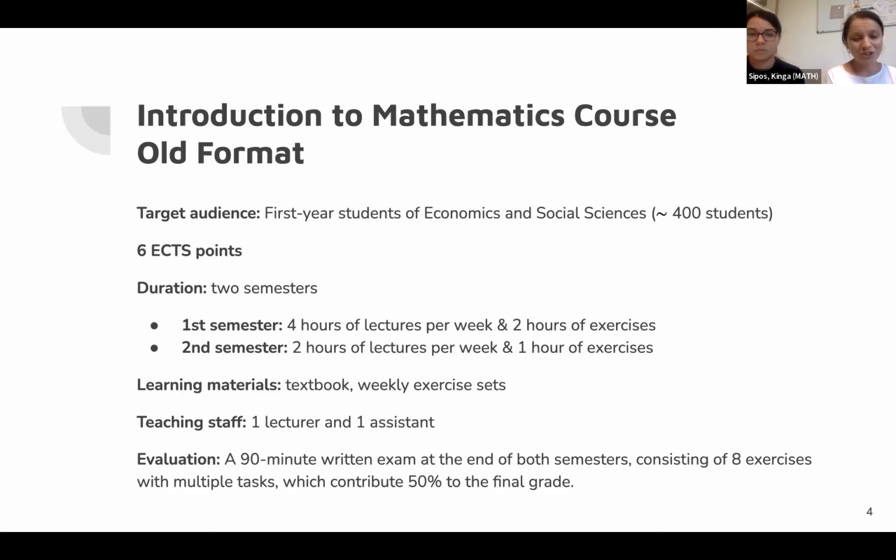The teaching staff is composed of just 1 lecturer and 1 assistant. The evaluation is a classical 90-minute written exam at the end of both semesters. Each consists of 8 exercises with multiple tasks, and both parts contribute 50% to the final grade.